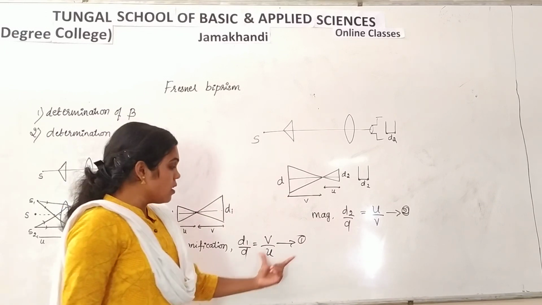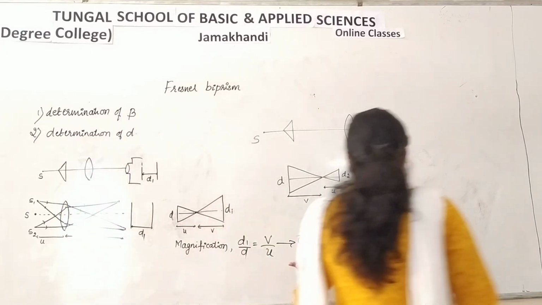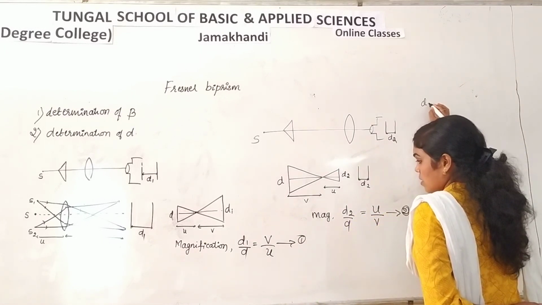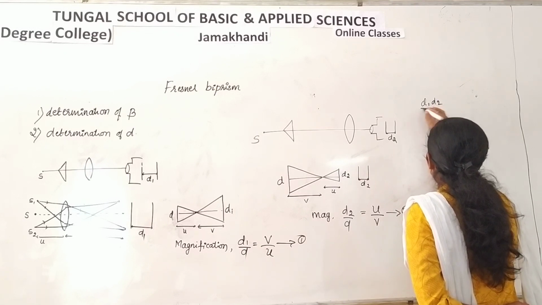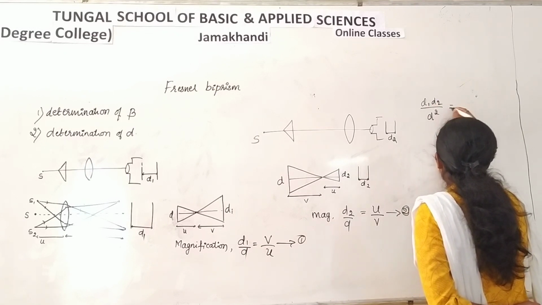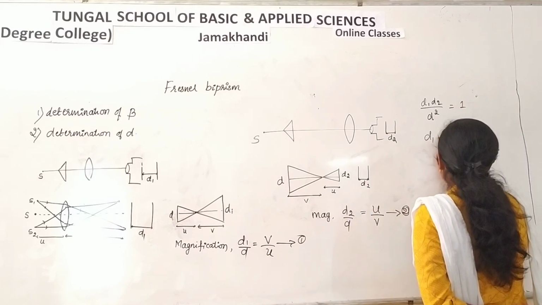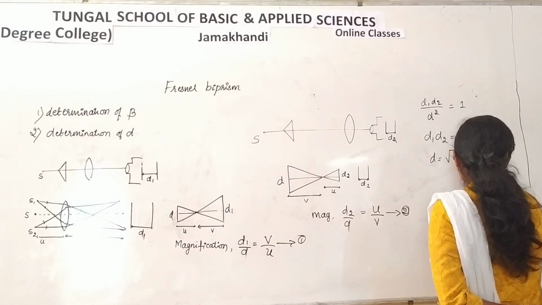Here we have equations 1 and 2. From 1 and 2 we get d1 d2 divided by d square is equal to 1, so d1 d2 is equal to d square. From this, d is equal to root of d1 and d2.